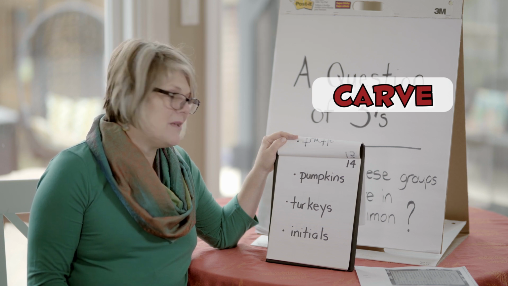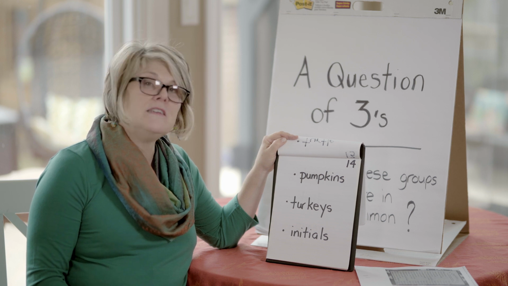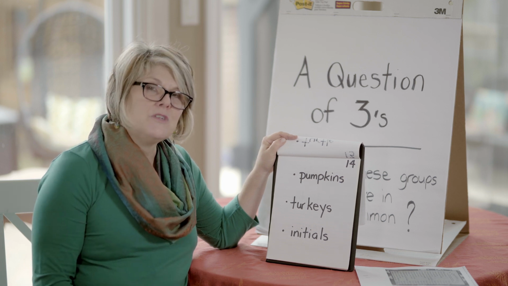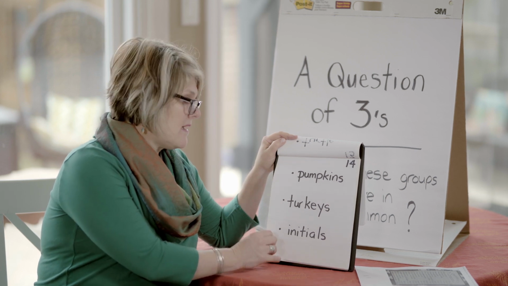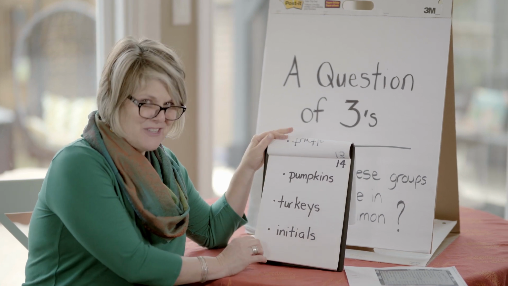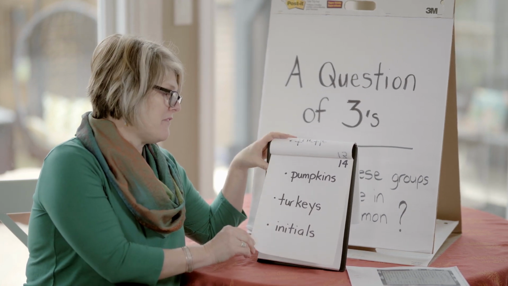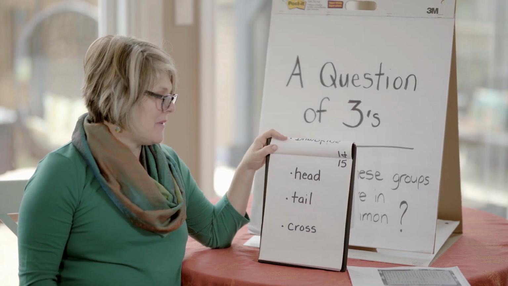All these items have to be carved. So pumpkins are carved, turkeys are carved, and initials are carved, maybe into a tree or wherever else you want to carve them. I remember once we carved our initials with my son into a freshly set sidewalk. That was a lot of fun. Don't tell anybody, but anyway.